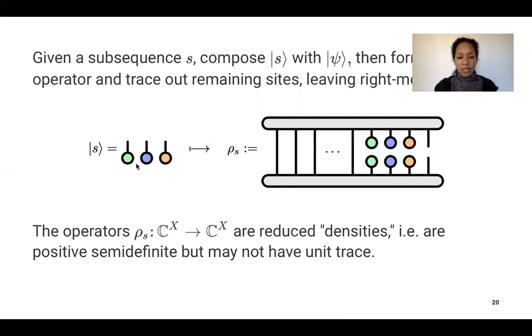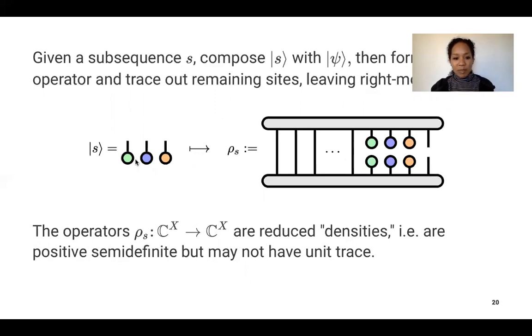So given a subsequence, say of length 3 in this picture, I take the product state associated to that subsequence, compose it with my vector psi on the previous slide, form projection onto that vector, and just trace out the remaining sites. Of course, I want to leave, let's say, the rightmost site open so I do get an operator in the end.